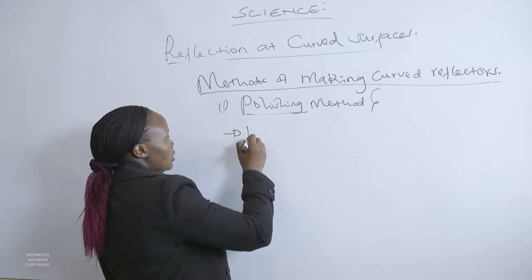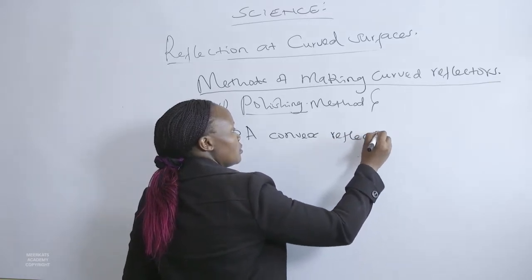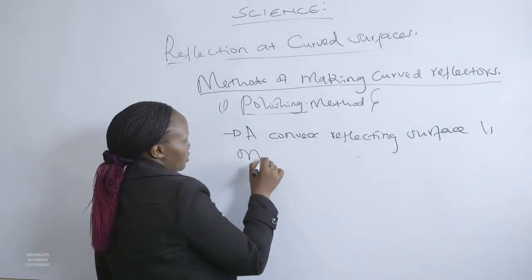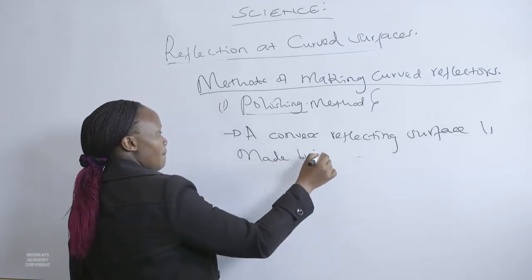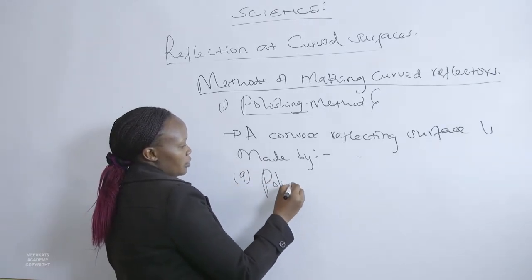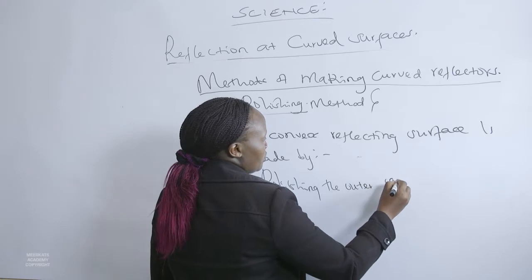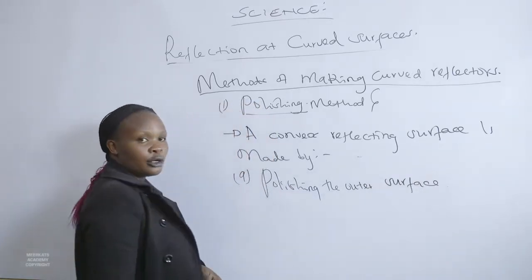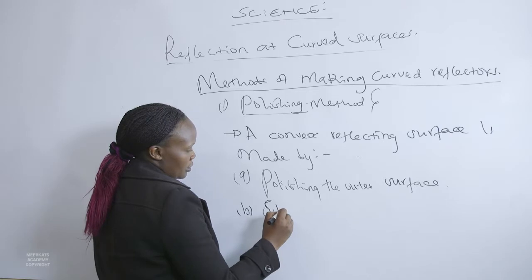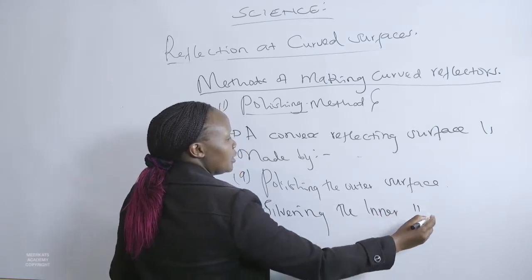It is actually a convex reflecting surface, made by polishing the outer surface, or better still, silvering the inner surface.